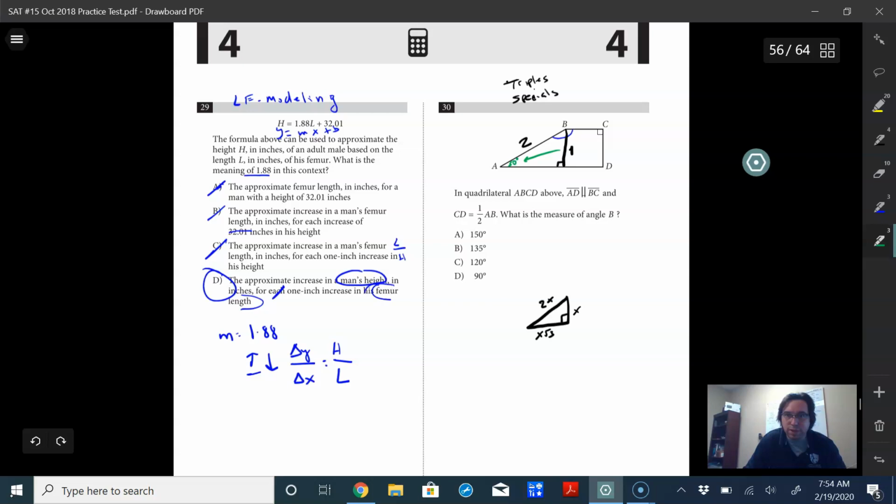If that's 30, then this has to be 60 degrees, and we already know that that's a right angle, 90. So we know that angle B has to be equivalent to 150 degrees, or answer choice A.